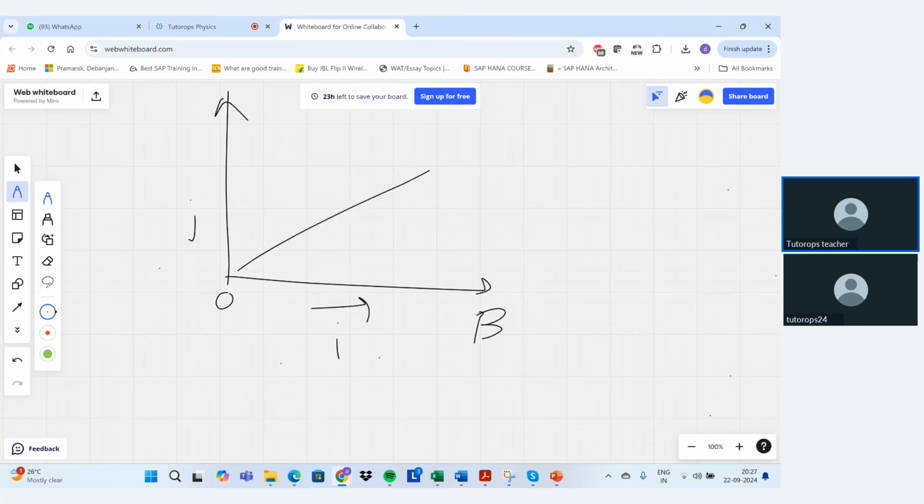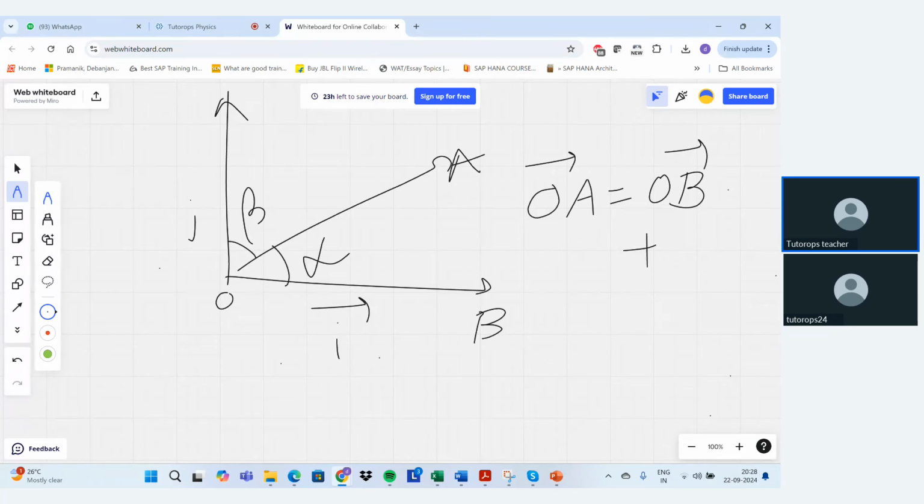And this makes an angle alpha, and this makes an angle beta. Here, what does projection mean? There are two parts for this resultant vector OA. So OA can be written as OB plus, if this is my C, OC.